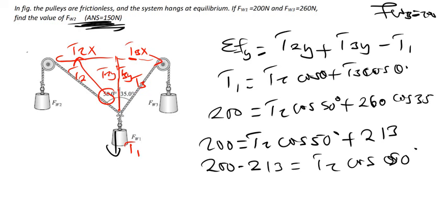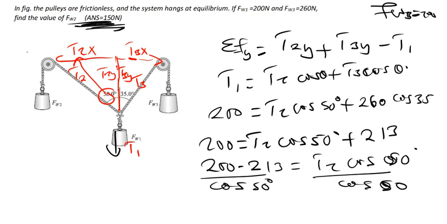Now I want to find T2, so I divide both sides by cos 50. What is 200 minus 213?